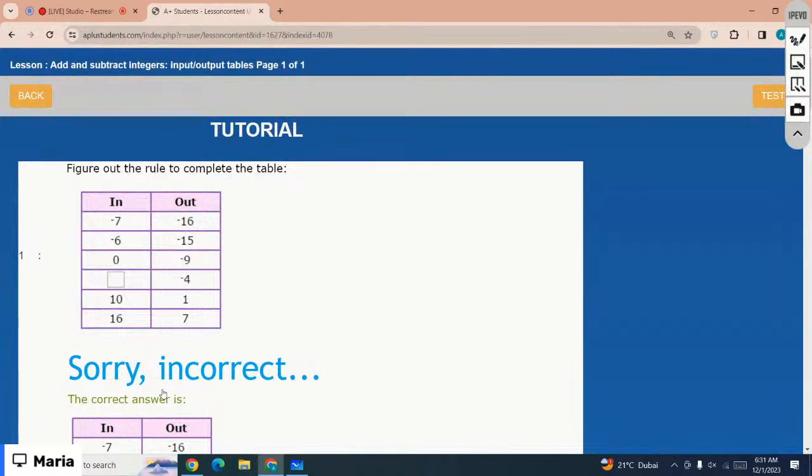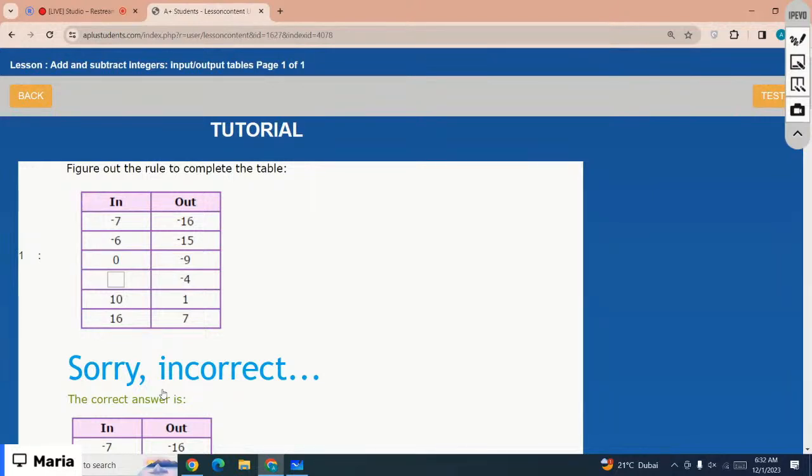Okay, figure out the rule to complete the table. So you have to complete the table, right? First, you have to find the rule, right?